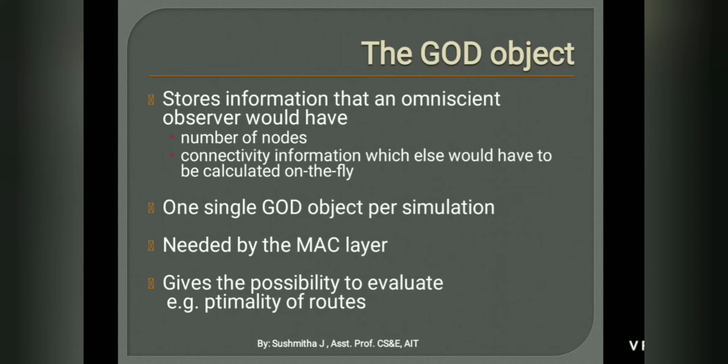So basically a GOD object acts like a tracker that tracks the environment information, that is, what the network is, how many nodes are there, and how far each node is. All this information would be a part of your GOD.